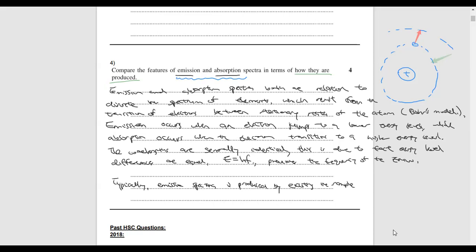So basically the electrons are excited, and then the electrons can fall, revert to a more stable state, resulting in emission lines. This shows lines on a dark background.